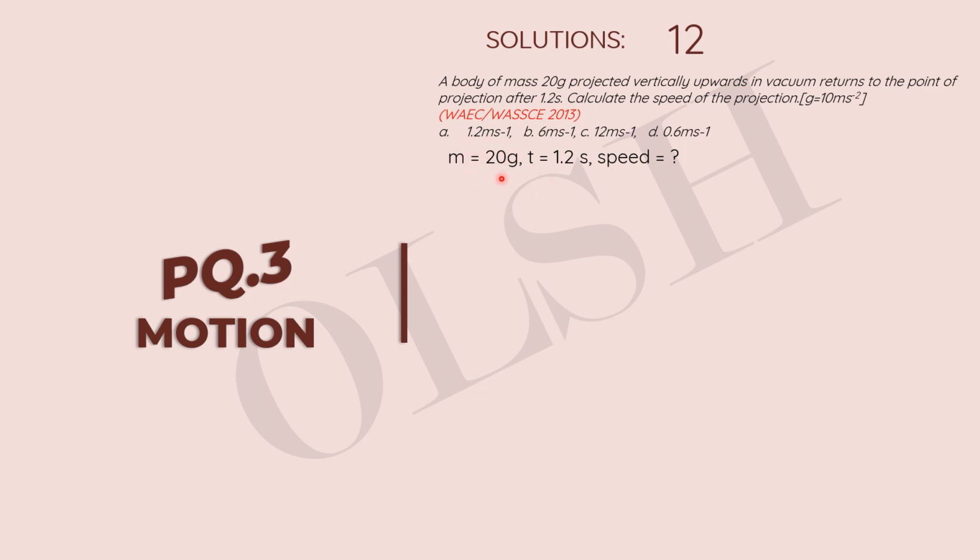We might not need this to solve this problem. So we just focus on time and acceleration. How do we use time and acceleration to get speed? What formula can we use? Okay, so the one that comes to mind is V equal to U plus or minus GT.